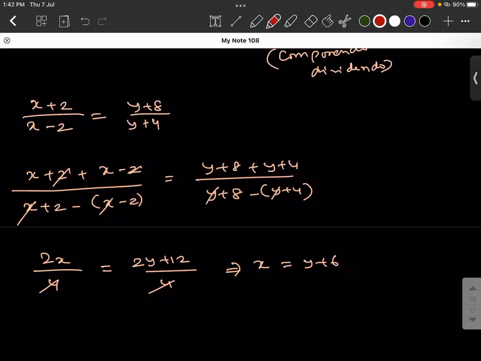Can you do it for the next equation and tell me? That is the next ratio which are in proportion. There are two, no, this is one of the equations.